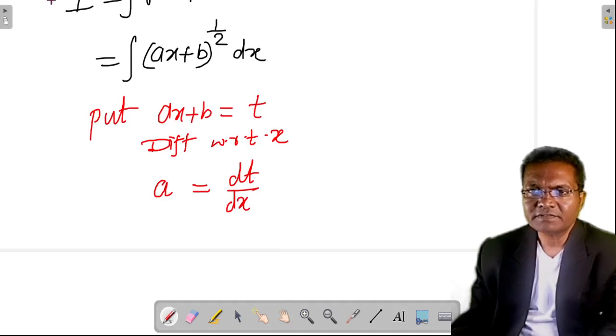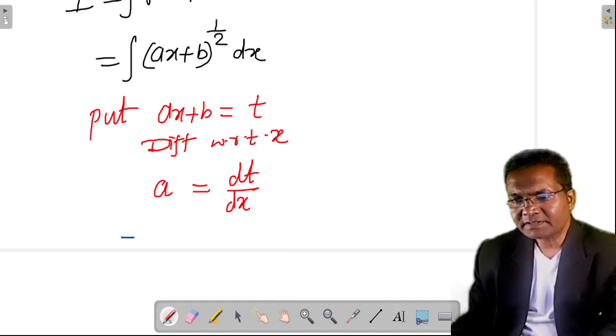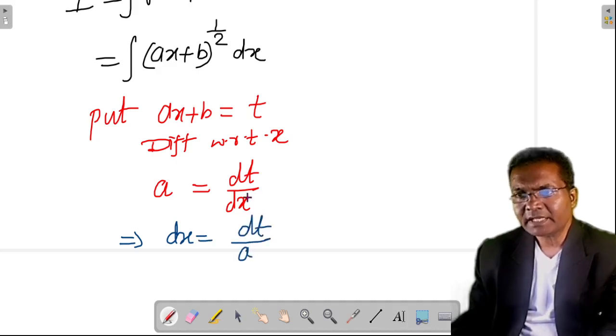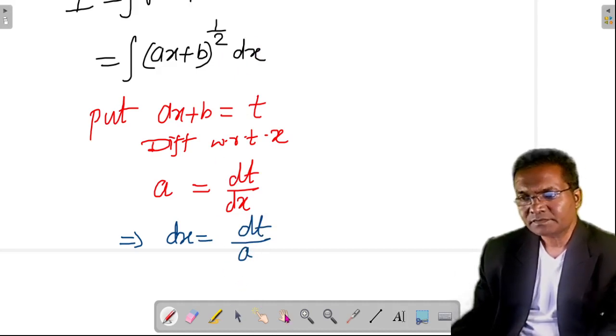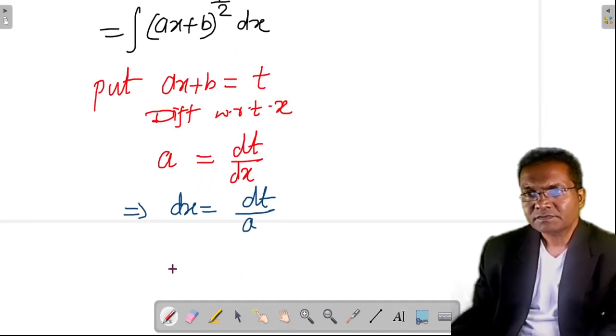From this you transfer this dx this side. I want the value of dx equal to dt by a. So you got the value of dx as dt by a. So this is your 1.